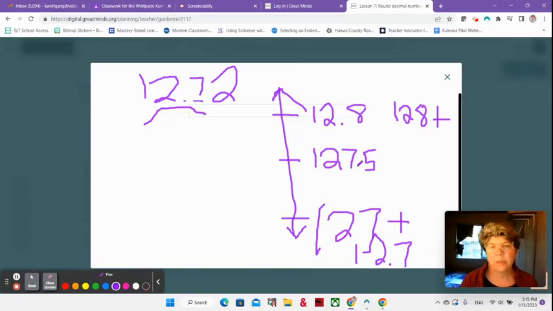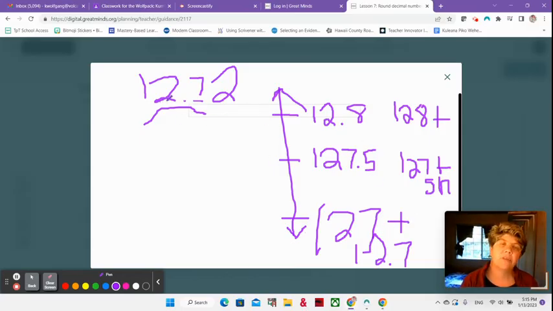So 127 and 5/10, or 127 tenths and 5 hundredths. Okay, so now I have it set up.